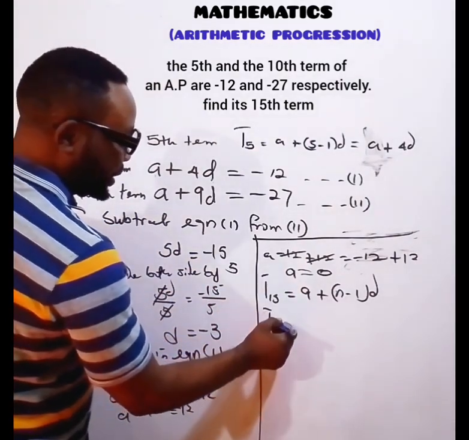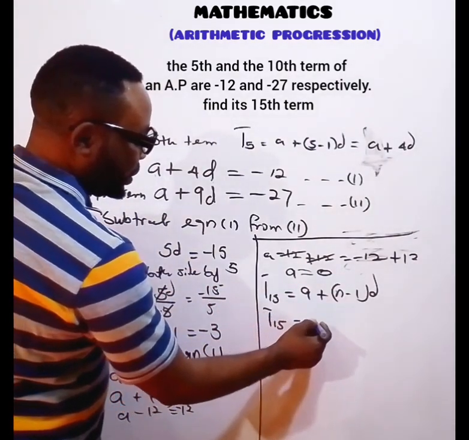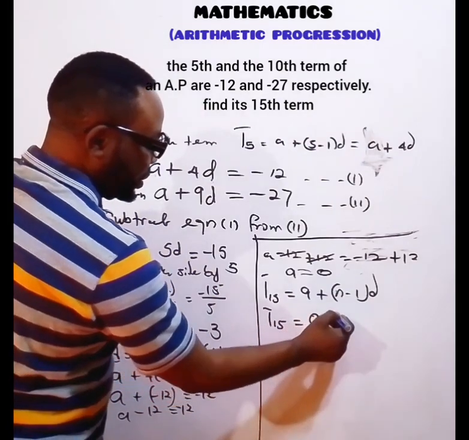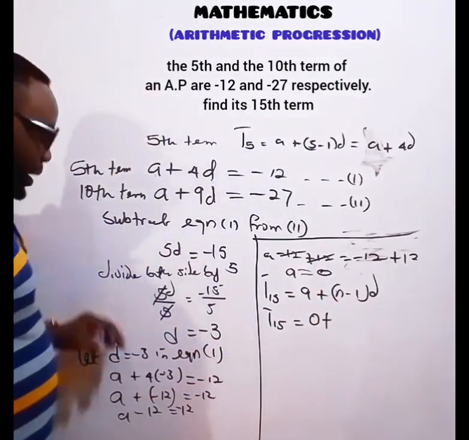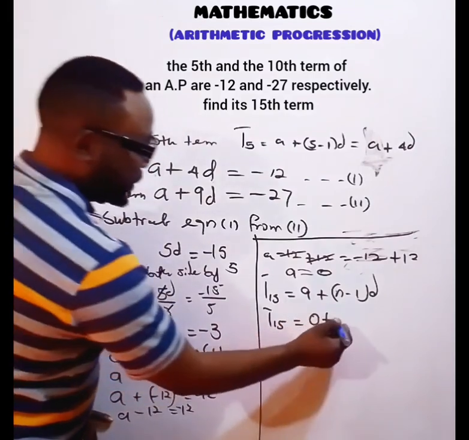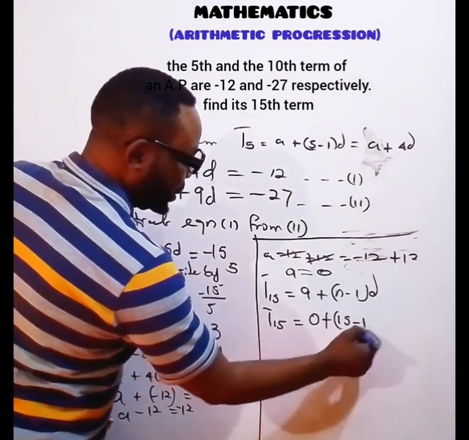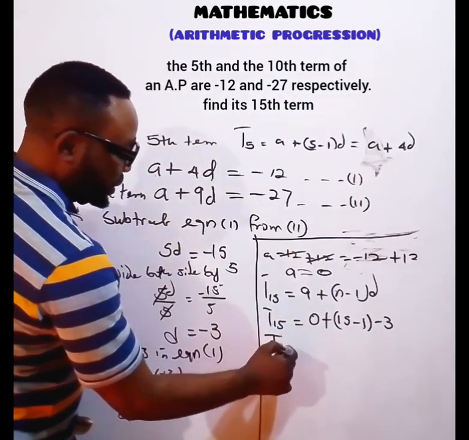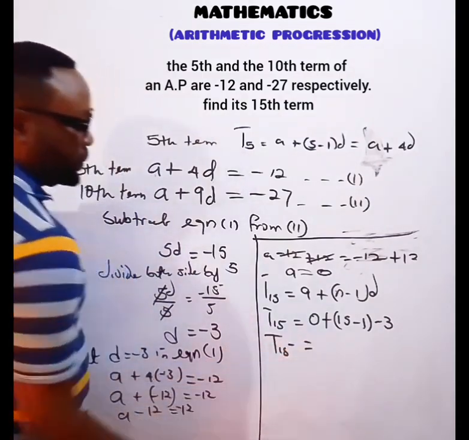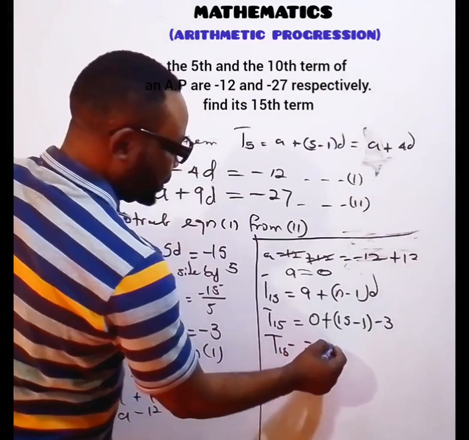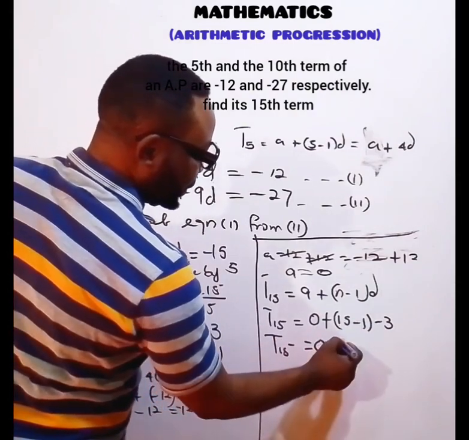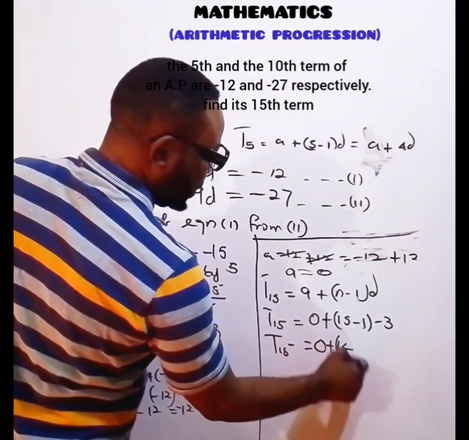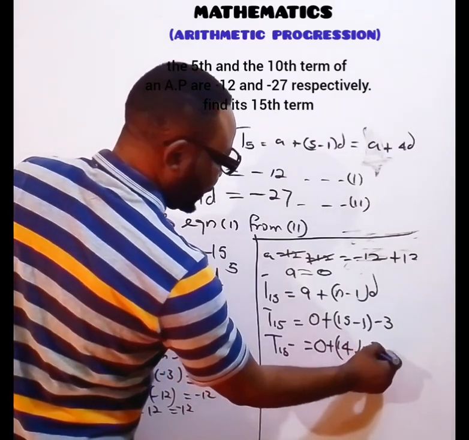Now for the 15th term, what's the value of a? 0 plus the n that we have there, which is 15, minus 1 into bracket of minus 3. So the 15th term will be equal to 0 plus 15 minus 1, that's 14, times minus 3.